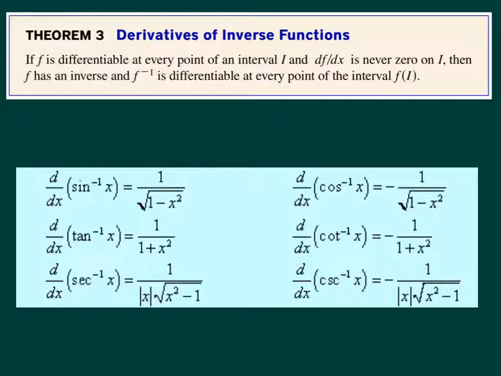So really you only have to memorize the first 3, and then just know that the inverse cosine is the opposite of the inverse sine. That might help a little bit.